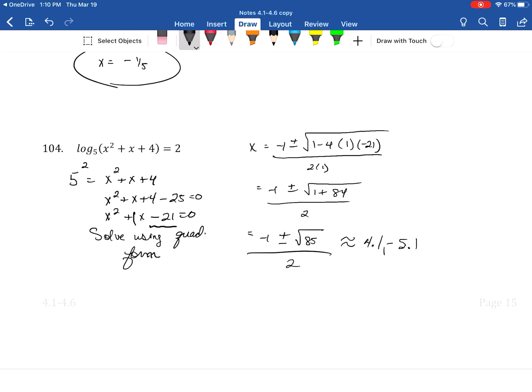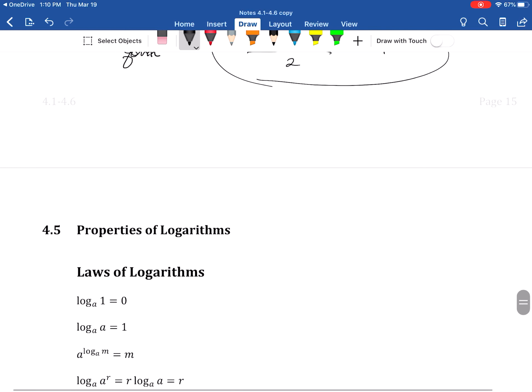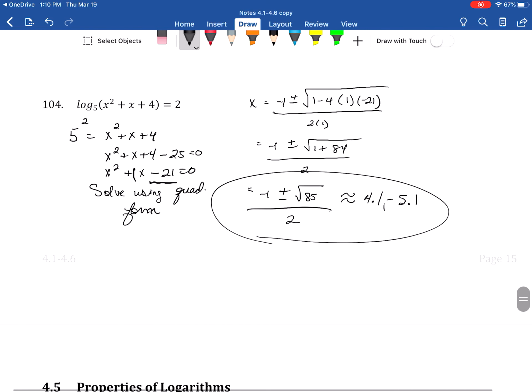And so you have to decide if these are going to be okay to use. I don't think we are going to encounter any restrictions right now, so we are going to go with it and say that those are the two answers. We'll talk in the next section about how to know if those are appropriate answers. But for now, that takes us through the end of 4.4.